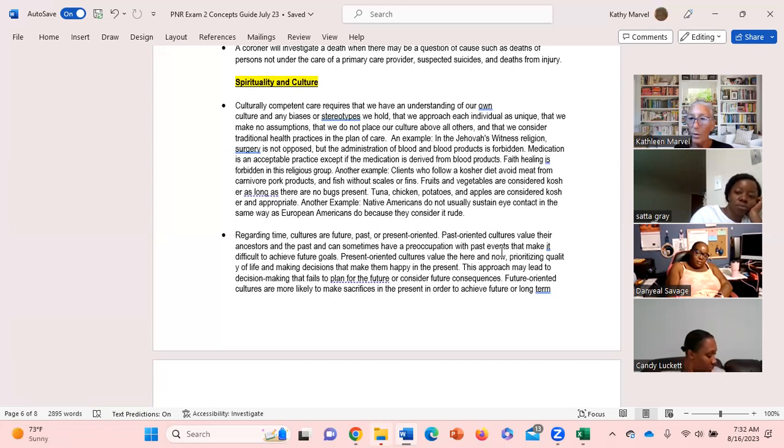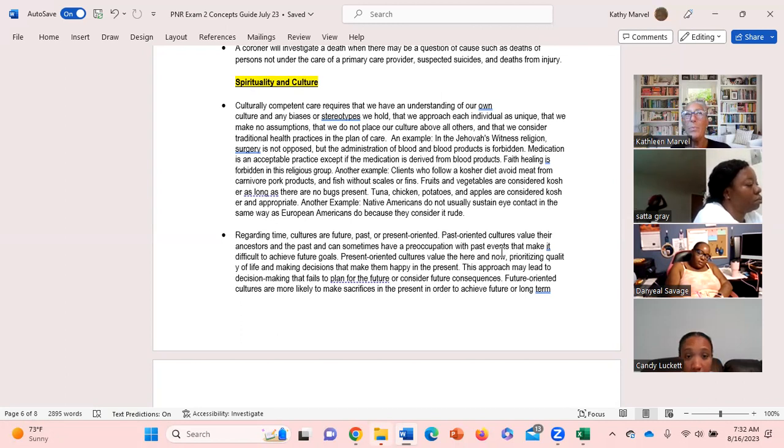All different cultures have their own values, beliefs, practices, their own way of life. Providing culturally competent care requires that we incorporate as much of their beliefs, values and practices into that plan of care.